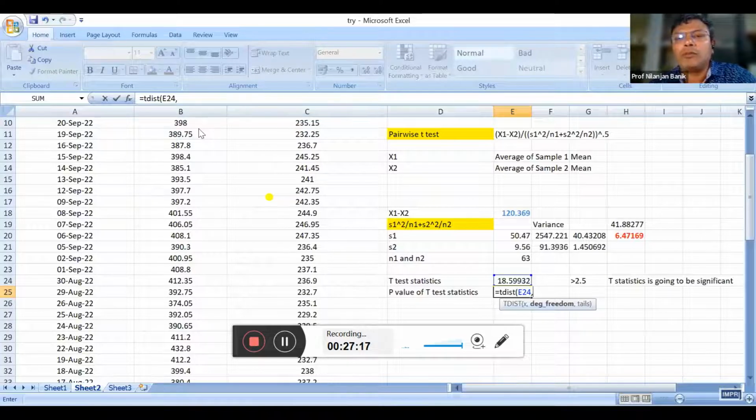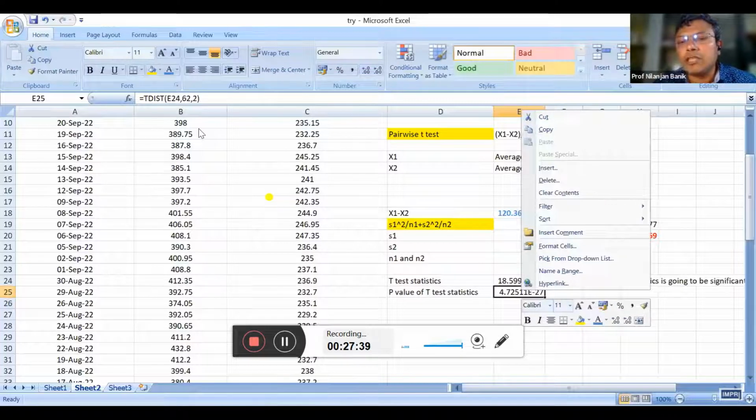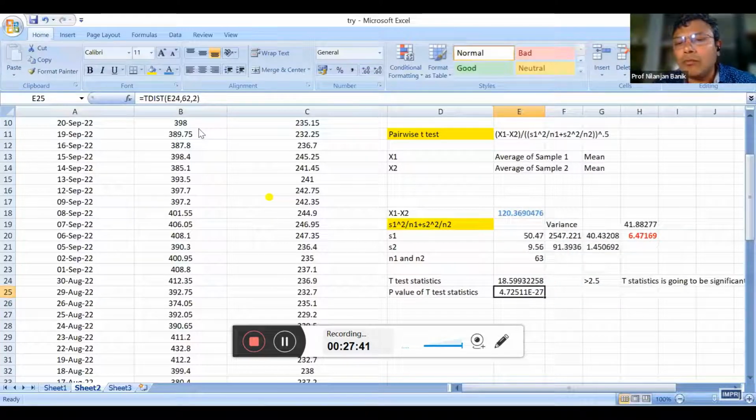So what is the total number of observations? It is 63, so I have 62, and we are trying to understand whether there is any significant difference. So it is a two-tail test, and you will find that this is almost equal to 0. What you see here is 4.72511e-27.